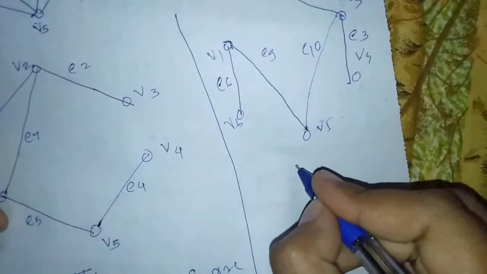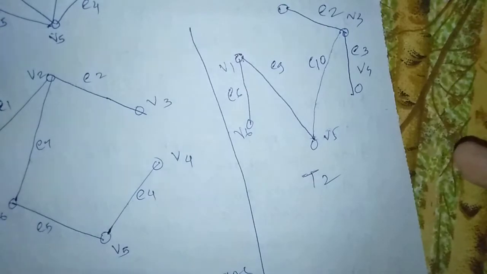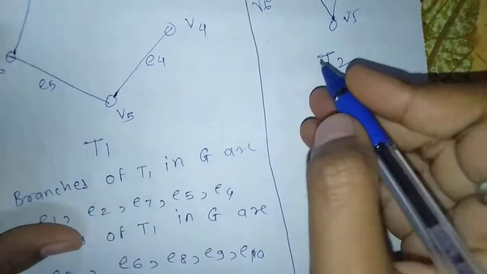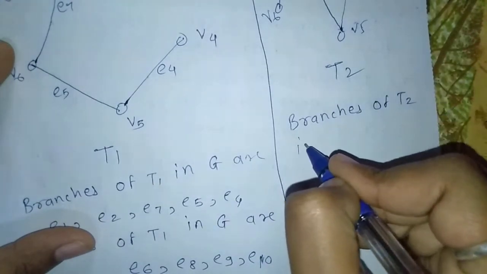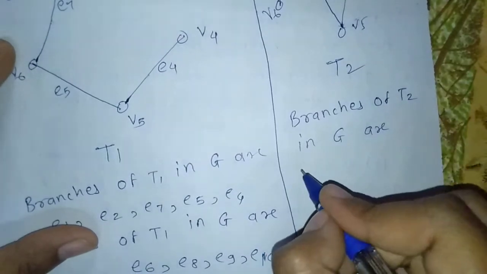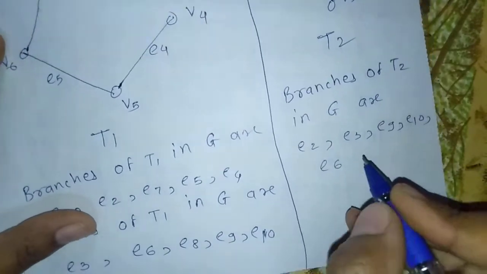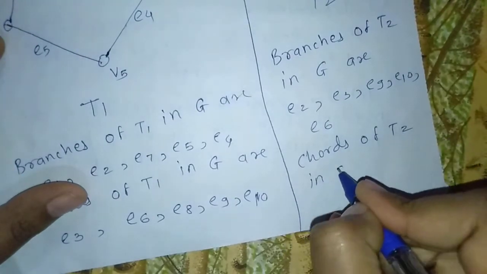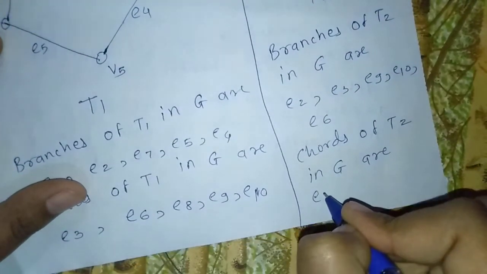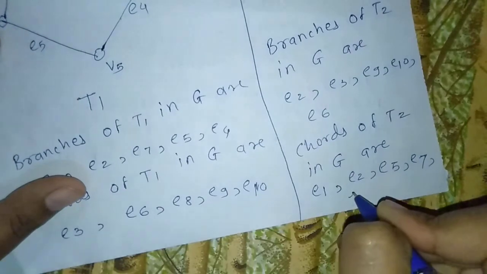So the branches of this spanning tree are E6, E9, E10, E3, E2, and the remaining are the chords. So the branches of T2 in G are E2, E3, E9, E10, E6, and the chords of T2 in G are E1, E4, E5, E7, E8.